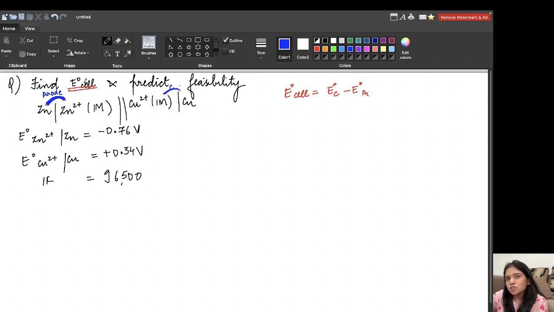Then we need to check whether your E naught value is given in terms of reduction potential. Can you see both are reduction only, because Zn2 plus is accepting electrons to give Zn, and Cu2 plus is accepting electrons, so both are right. Then just substitute the values. Cathode was this, anode was this. So 0.34 minus of minus 0.76. This will become positive.